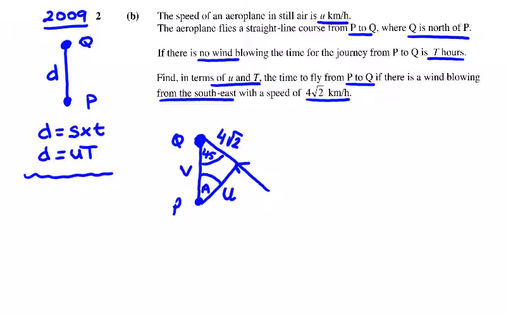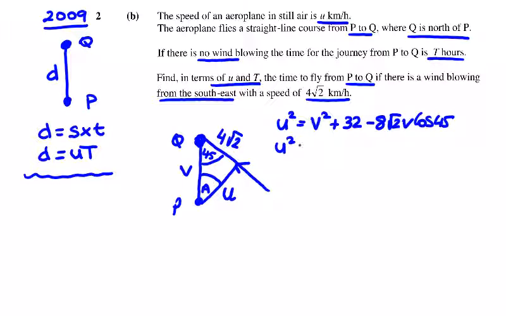So what have we got here? We could use the cosine rule. v and 4√2 join the angle, and u is opposite, and it's in terms of u and t the answer. So let's use the cosine rule first. u squared is equal to the two sides connecting the angle squared, v squared plus 4√2 squared, which is 16 twos, 32, minus 2bc, that would be minus 2v by 4√2, so that's minus 8√2 times v by the cos of the angle that joined them, which is the cos of 45.